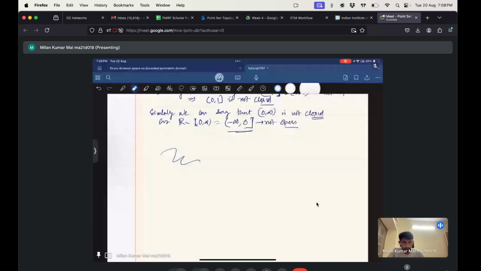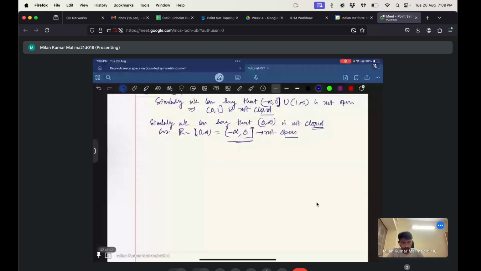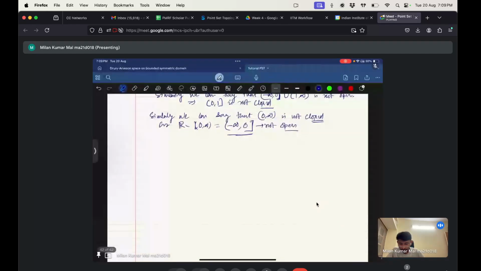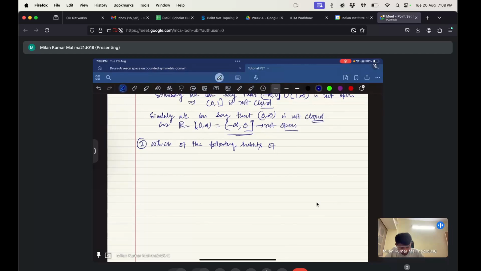Now if I take question two: which of the following subsets of R squared is closed in the standard topology?